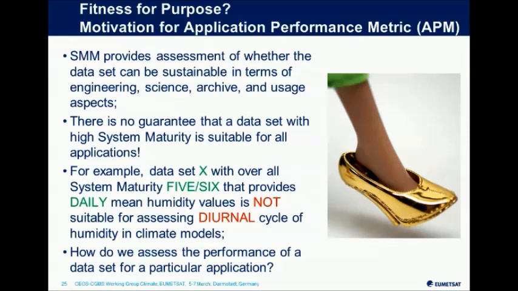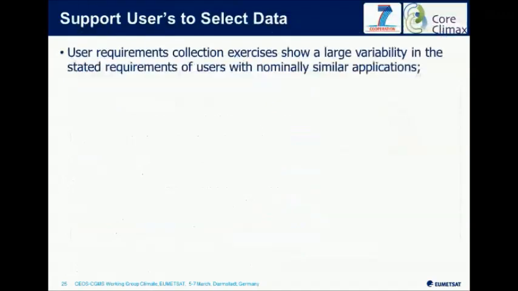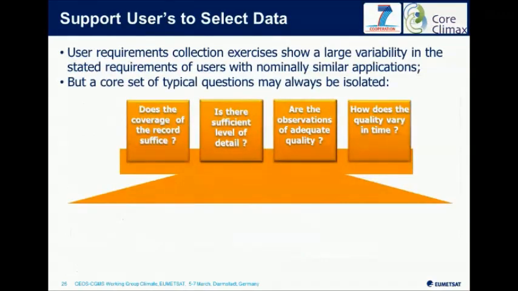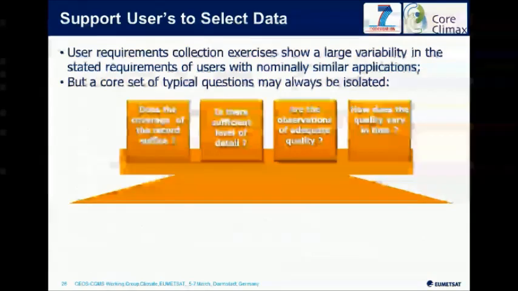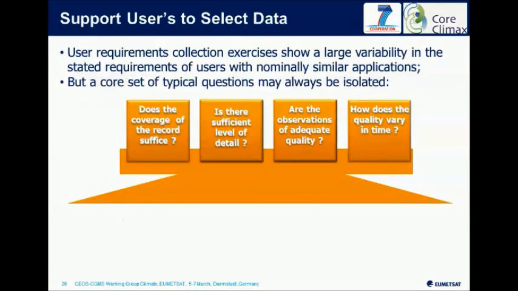So how do we assess the performance of a dataset for a particular application? The questions asked in this category are these. These are some examples. Is the coverage of the record sufficient for that application? Is there a sufficient level of detail, like all the technical details, like the temporal sampling, vertical sampling, horizontal resolution, and so on?